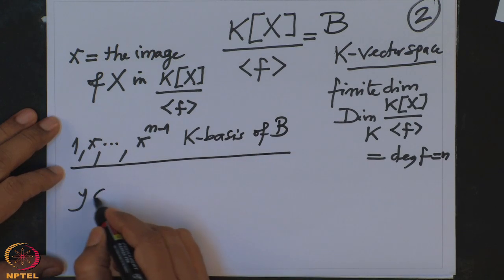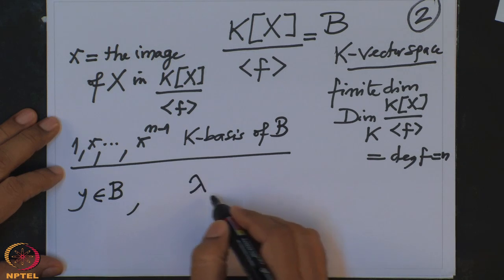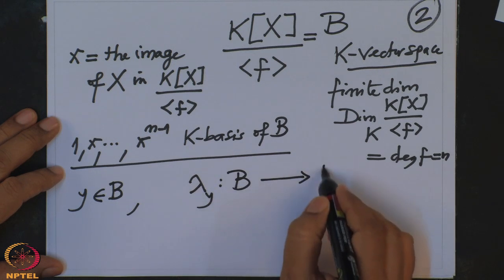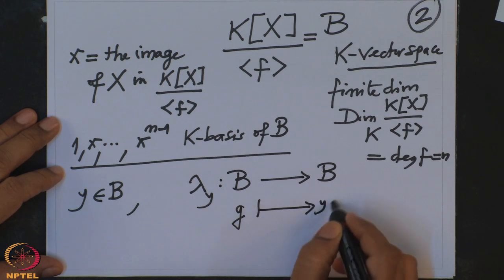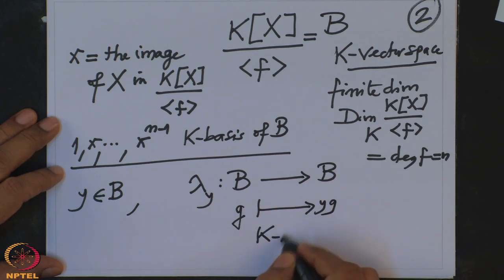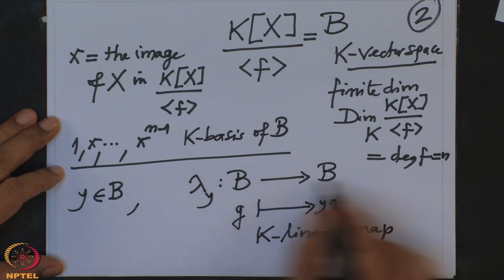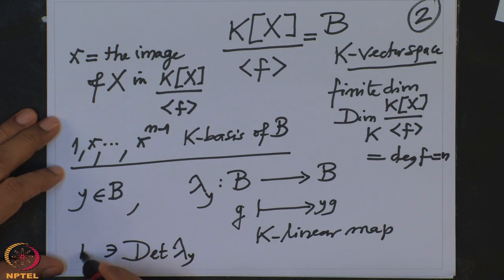Now, given any element y in B, you look at the multiplication from the left by that y, lambda y, from B to B, any element g going to y times g. This is clearly a linear map of the vector spaces, and therefore the determinant of that makes sense. The determinant of y makes sense, and the determinant will therefore be an element in K.